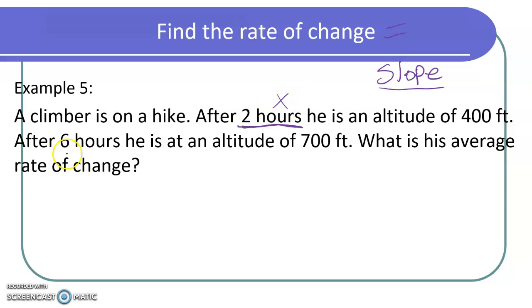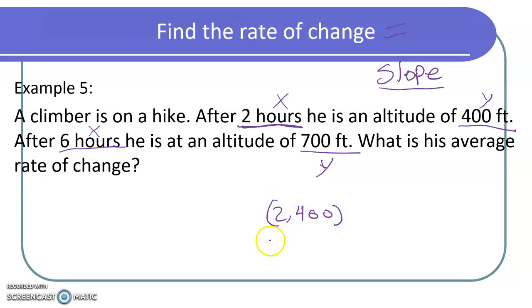So anytime you're dealing with height or distance, you normally denote that as a y, and you normally denote time as x. So if we set them up as ordered pairs, 2 hours goes with 400, so I'd have the ordered pair (2, 400), and then (6, 700). Basically I have two ordered pairs right there.